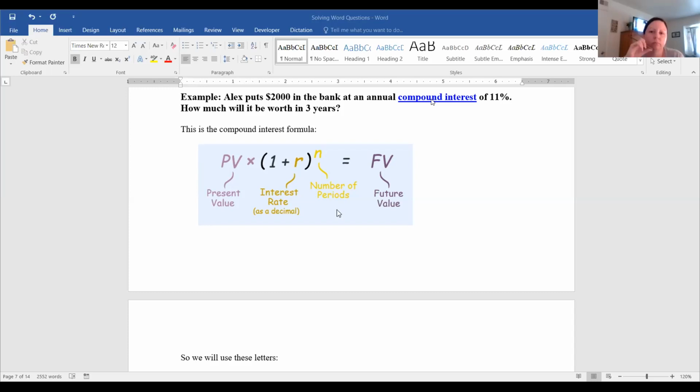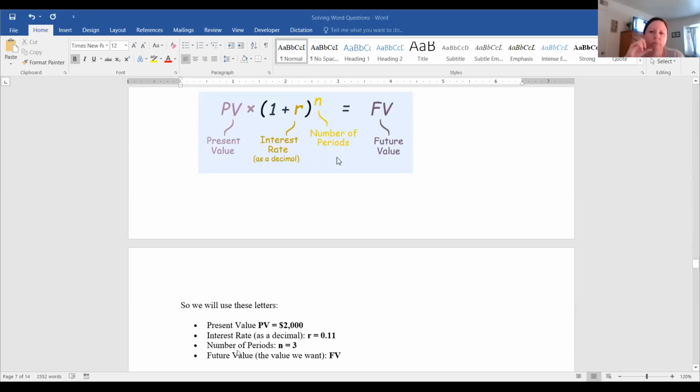The next year, we get 11% of the original plus the interest earned in the previous year. That's the way compounding works. I heard an economist describe it as one of the most beautiful inventions in finance, because you're getting interest on interest, and so it grows much, much faster.